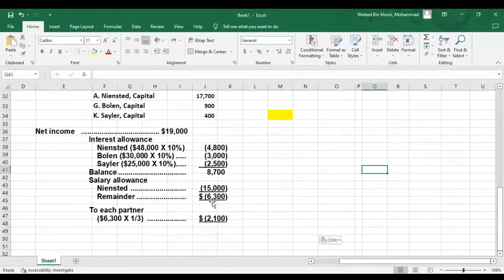Then the remainder is 6,300, which is a loss, and to each partner it will be 2,100. Is it clear? Yes, clear.